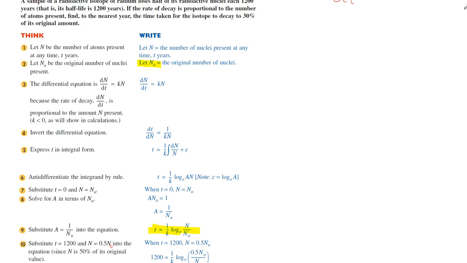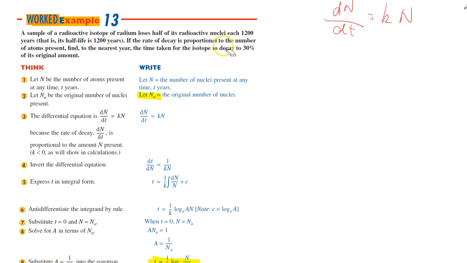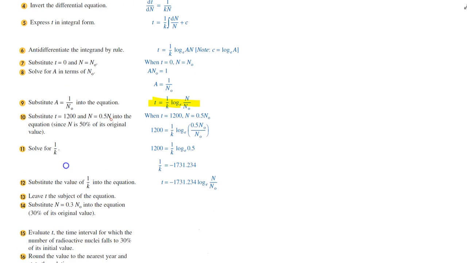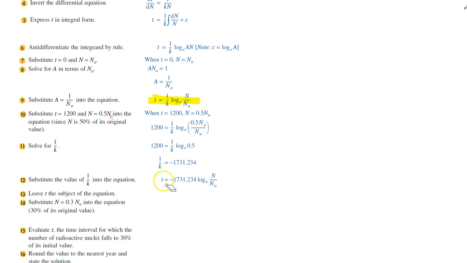Now, let's go back to our question. Find to the nearest year the time taken for the isotope to decay to 30% of its original amount. So if we leave t as the subject, and we want to go to 30% of our original amount, we want to make N equal to 0.3 of N0.